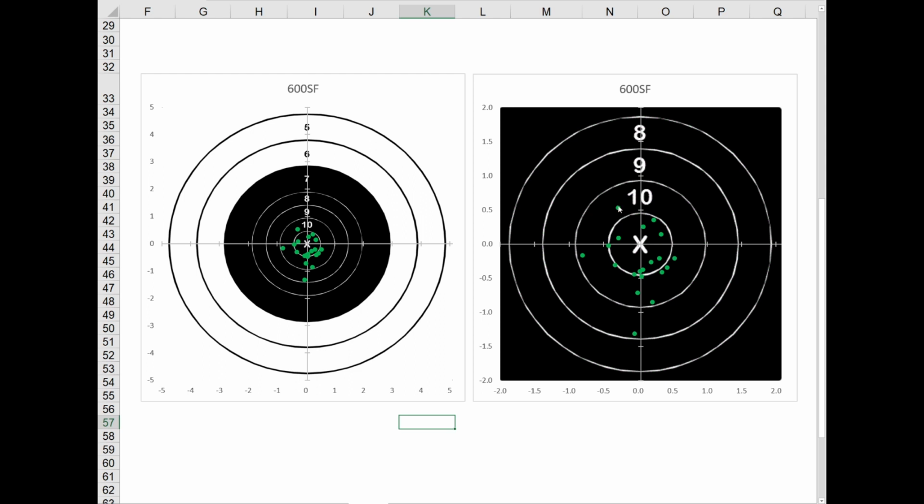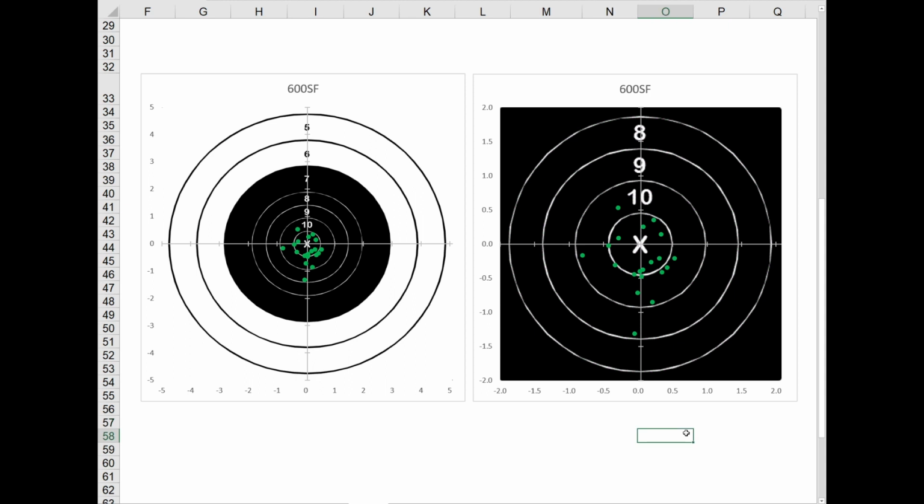They'd measure the distance from here to here, that's like from 0.5 down to 1.25 or something, and they'd say that's a 1 3/4 minute of angle group. But unfortunately, that's a pretty poor way of measuring group size because you're using these 2 points to determine the group size, and you're ignoring the other 18 data points.